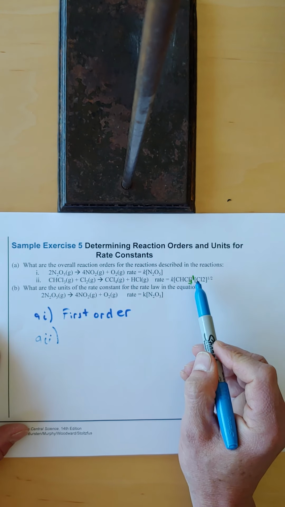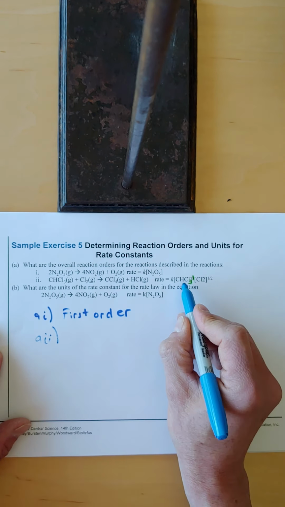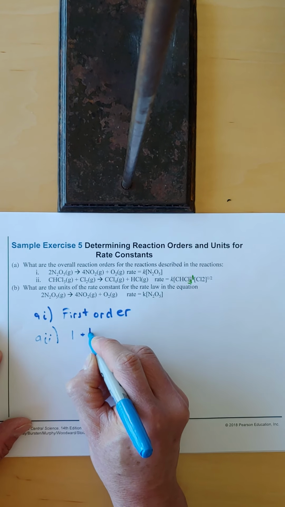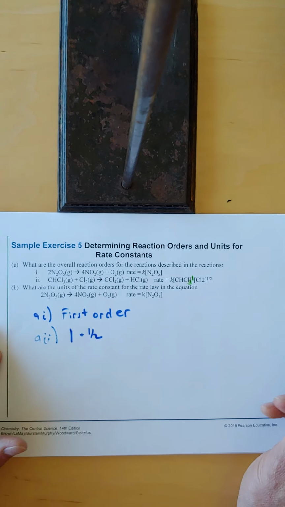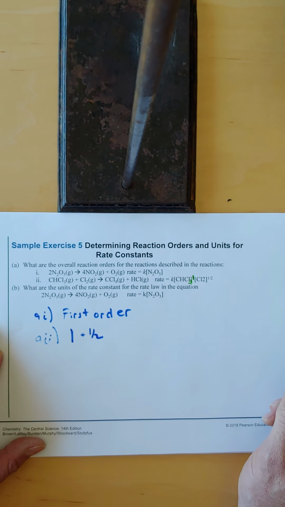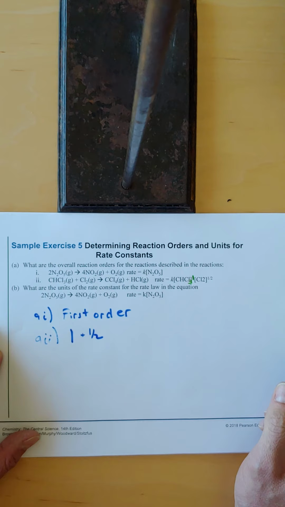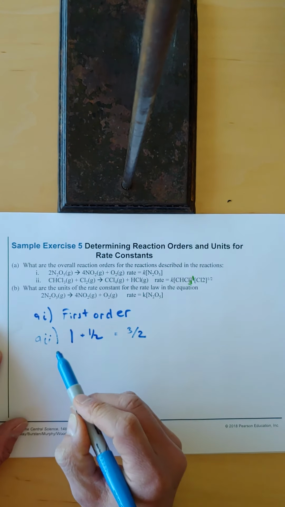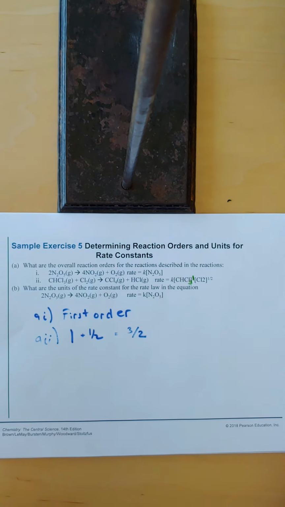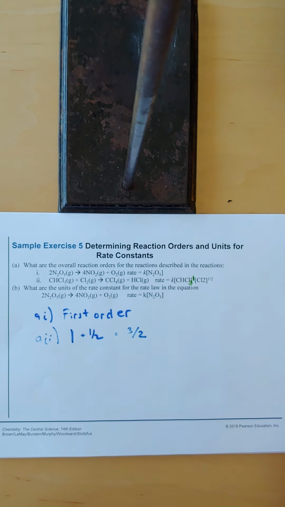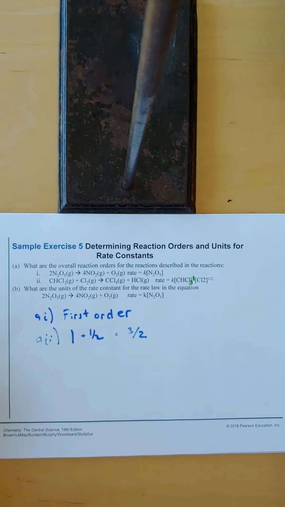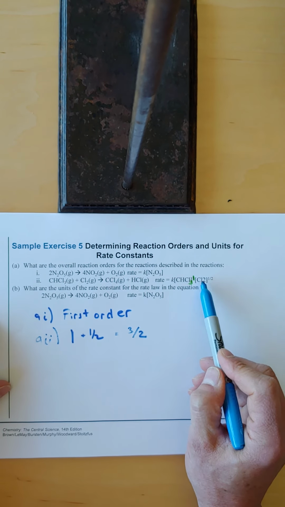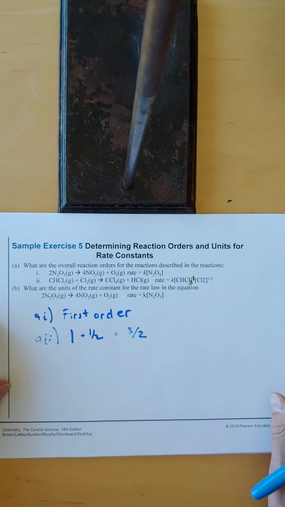So looking at this, CHCl3 is first order, Cl2 is 1/2 order, so I add the exponents. Adding my exponents, I get 1 plus 1/2, which equals 3/2. So the overall reaction is 3/2 order, as it's first order with respect to CHCl3 and half order with respect to Cl2.